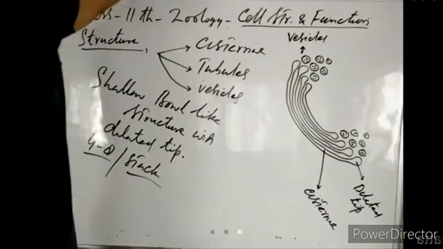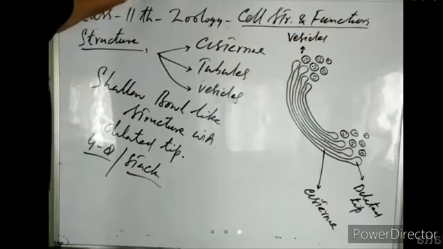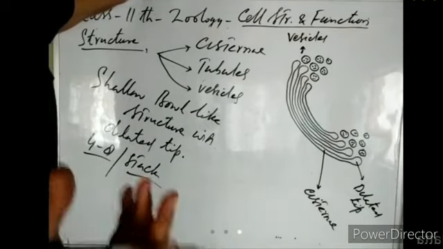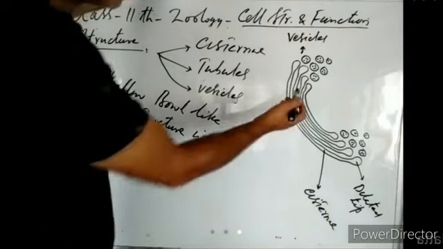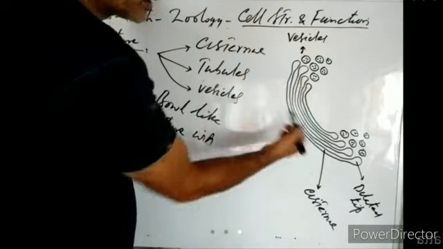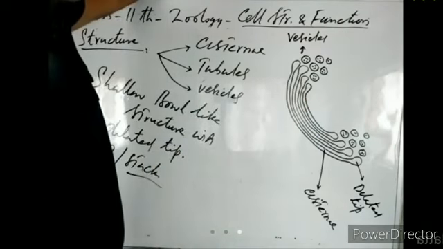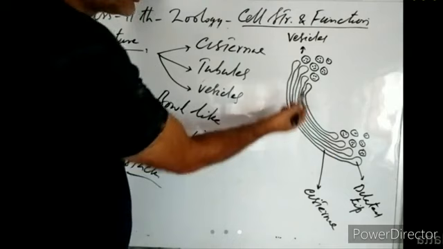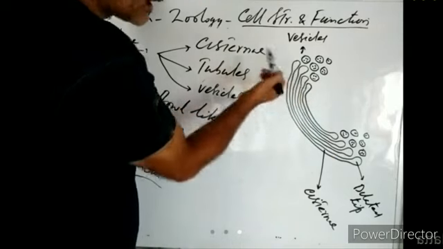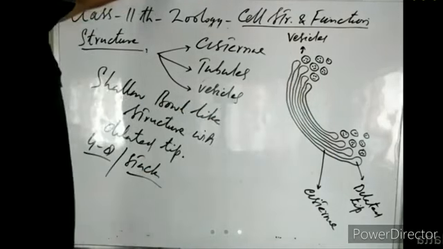So where do vesicles come from? Vesicles are spherical fluid-filled structures which are pinched off from the dilated tips of the cisternae, right?